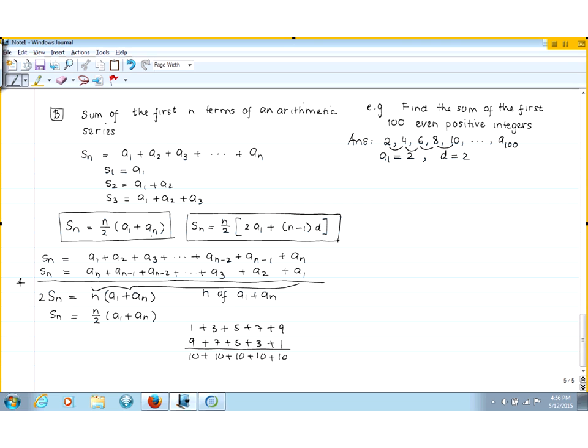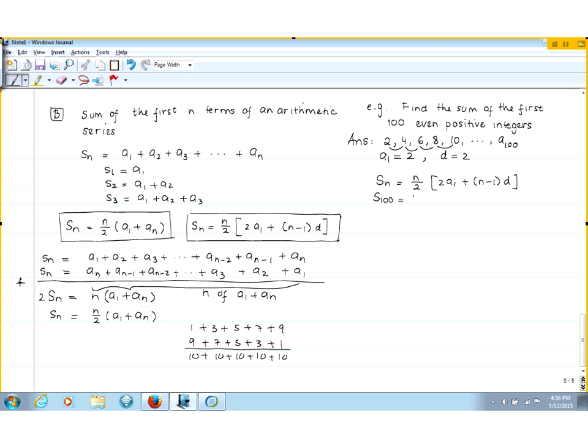Yeah. Now, we have two formulas. Which one do you think will fit? Here I would have to calculate an first with one of them, so maybe I'll use this one because I don't have to calculate an. Yeah. So let's write it down. Sn is n over 2 times (2a1 plus (n minus 1) times d).